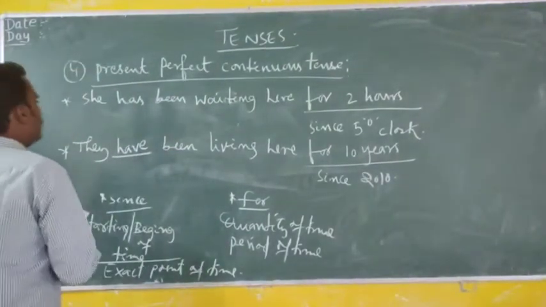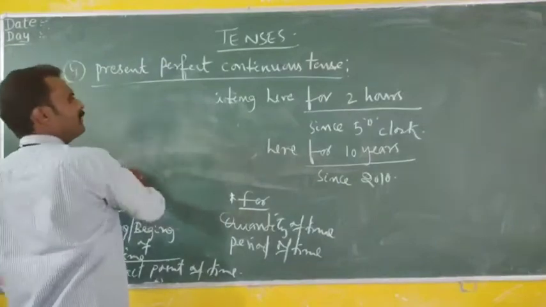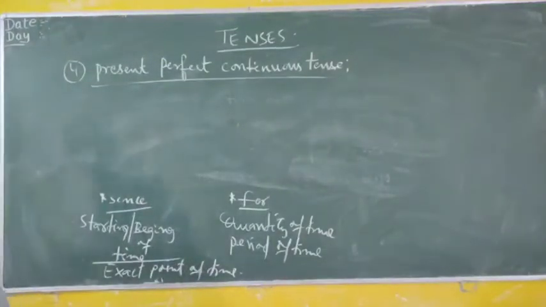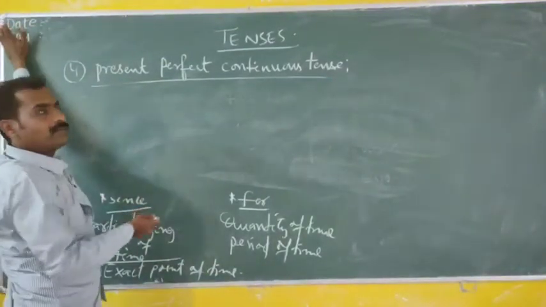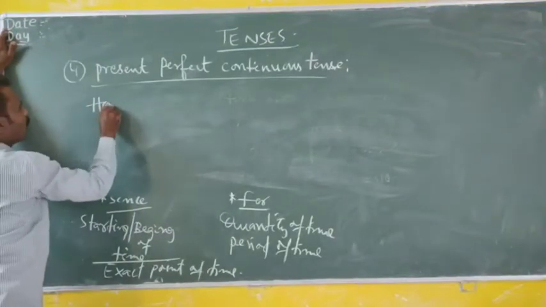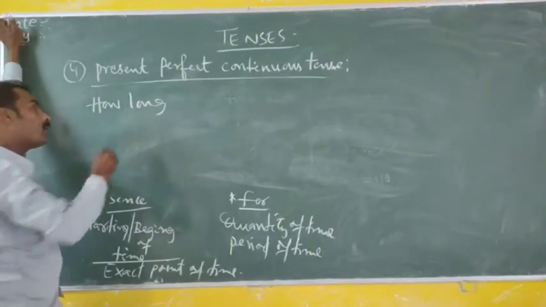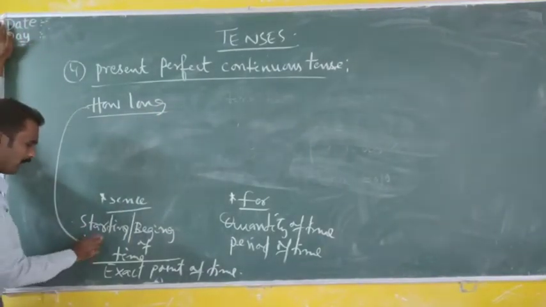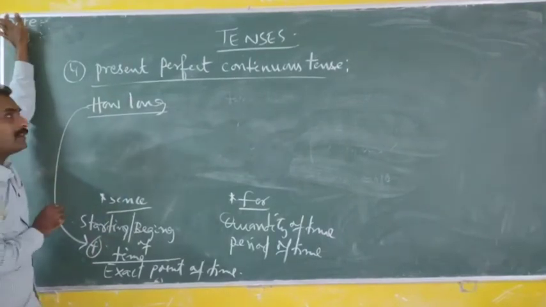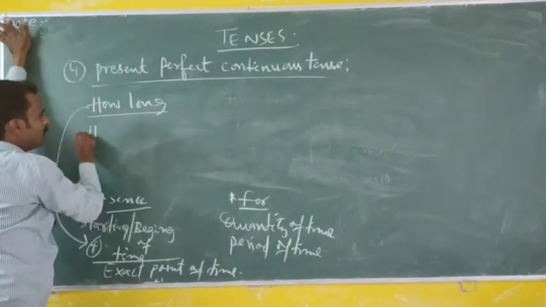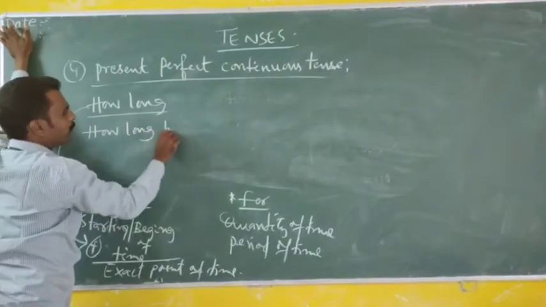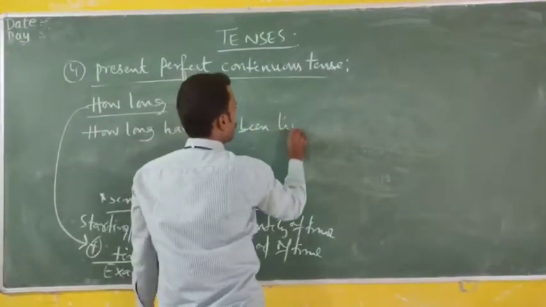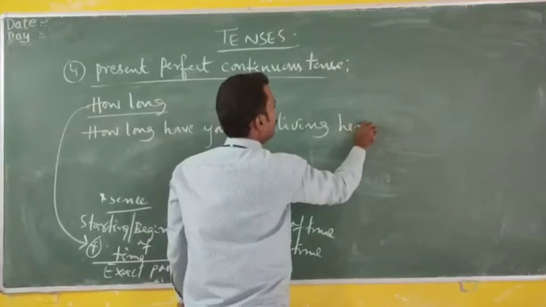Let's see one more example. We start with a question. If you want to ask questions in this tense, we use how long. How long is also one of the clue words or adverbs for this tense. For example, how long have you been living here?